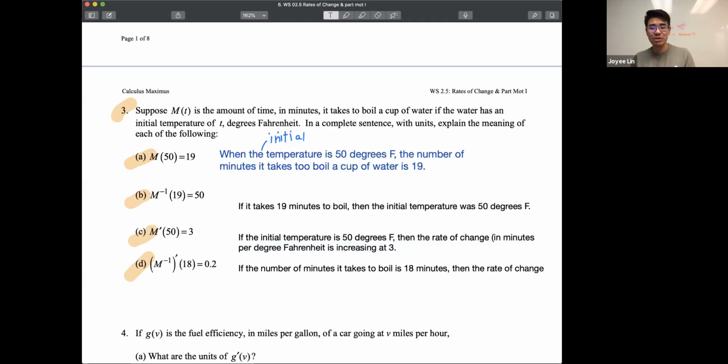So it's going to be dx over dy. The rate of change is increasing at 0.2, what is the dx here? Degrees per minute. Any questions there?